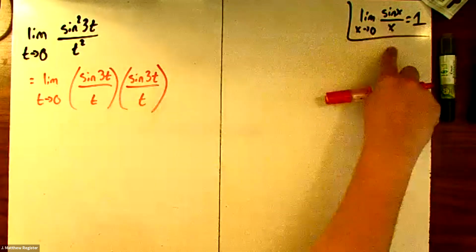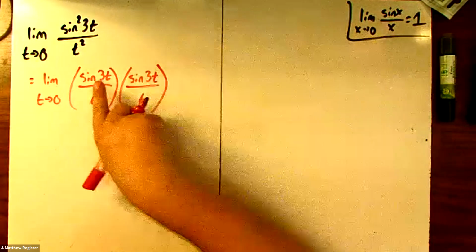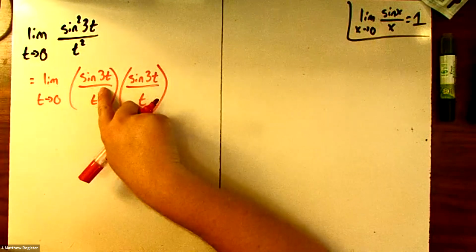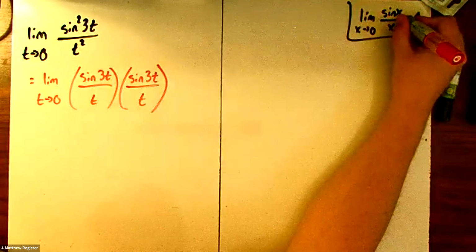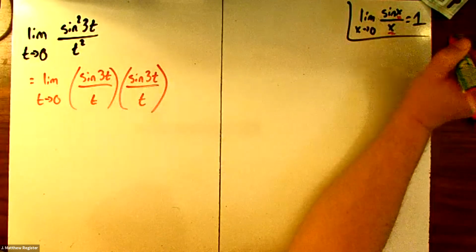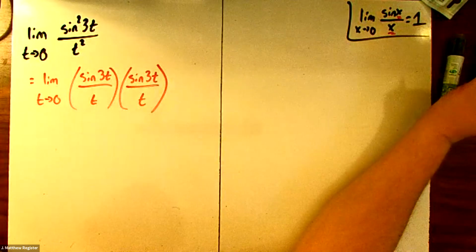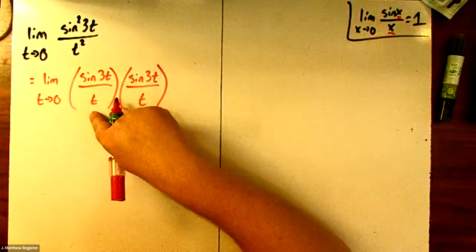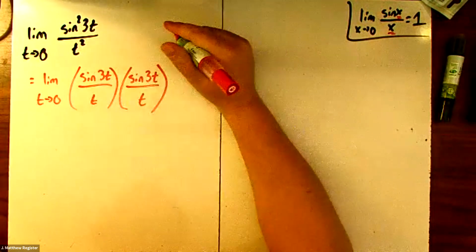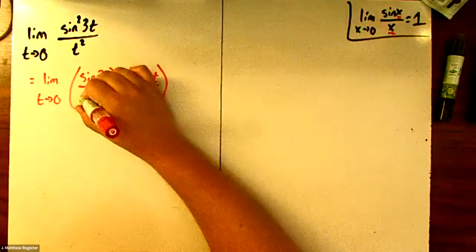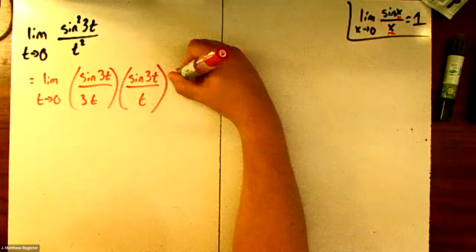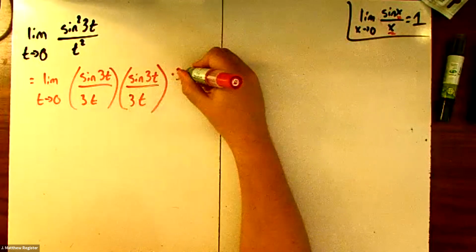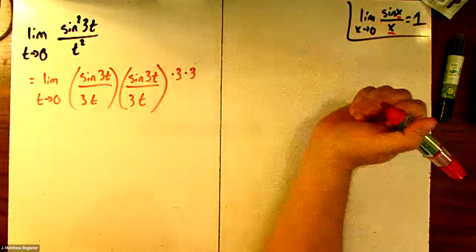Again, this looks similar to this. The difference is that 3. And that 3 makes a big difference. Really what we would need is for whatever is in the top to match whatever is in the bottom. And so if we have a 3t here, we would need a 3t in the bottom. And we can multiply by 3 on the bottom as long as we multiply by 3 on the top.